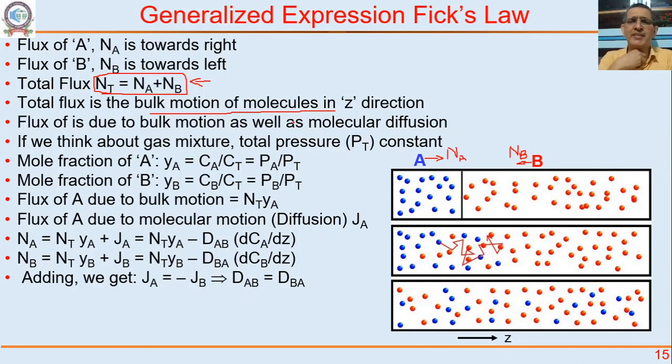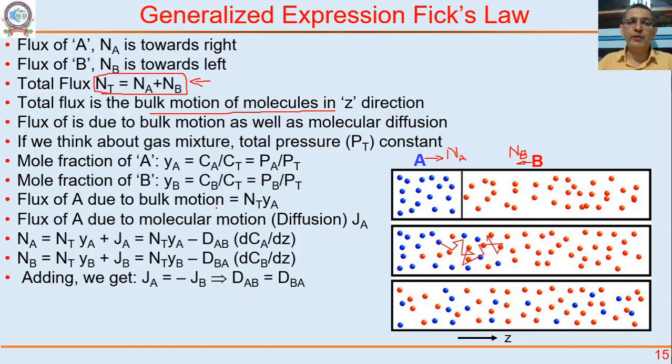If you think about a gas mixture, let's say there are two components, A and B, and at any location, let's say YA is the mole fraction of A and YB is the mole fraction of B. So YA would be concentration of A divided by total concentration, which is the same as PA by PT. Mole fraction of B is the same as PB by PT.